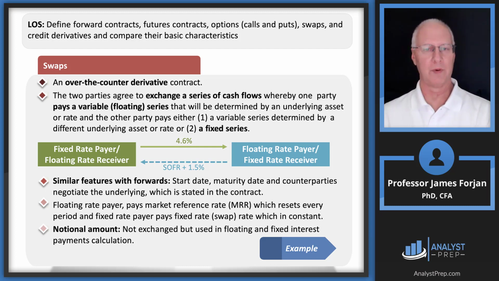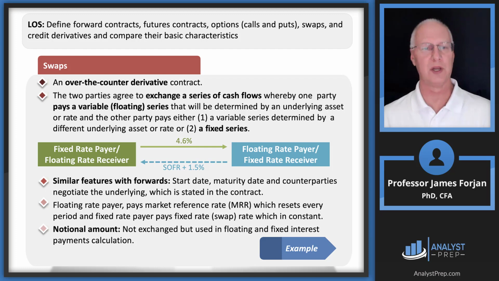Now notice the bottom, I did mention this in Module 1, there is a notional principal or a notional reference rate that we have to agree on. And that's really just a reference rate so that we can multiply the 4.6 by and the SOFR plus 1.5. So a notional amount could be $1 million, it could be $10 million, it could be $100 million, it could be $10 trillion.